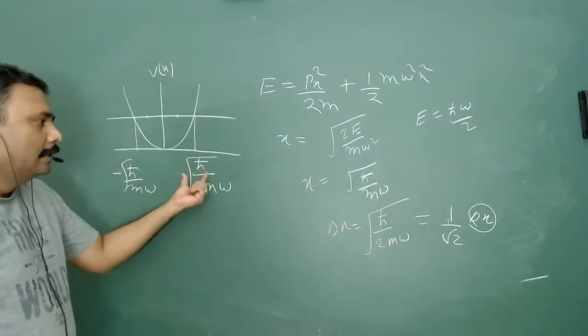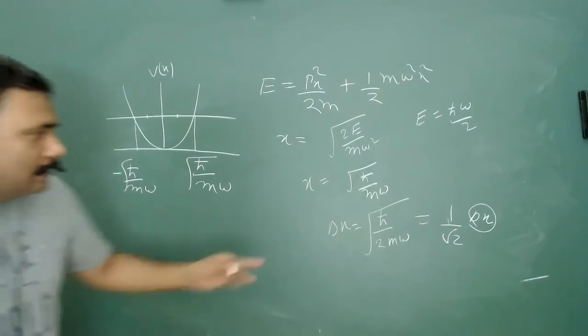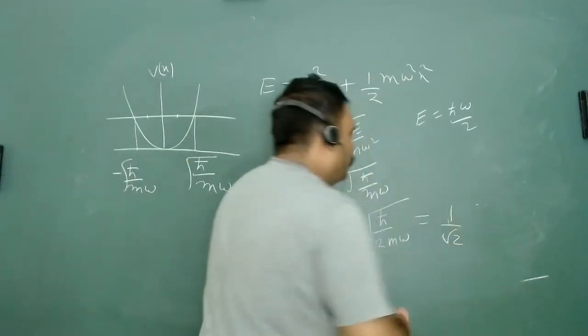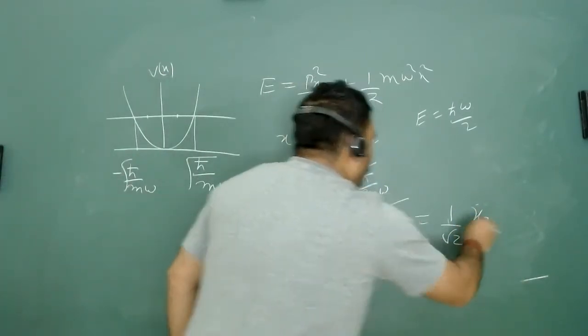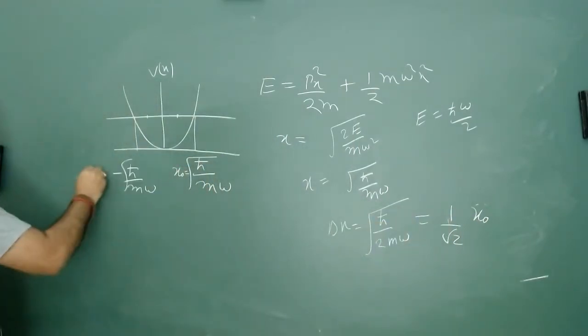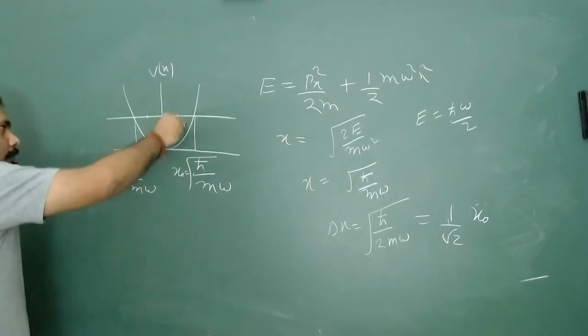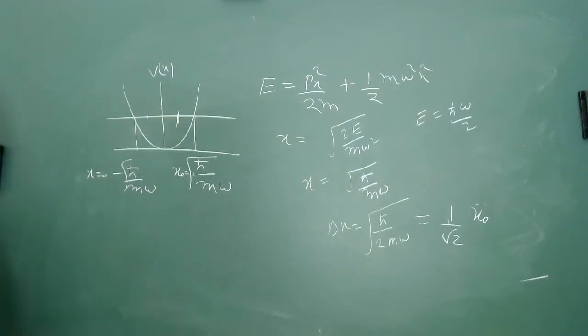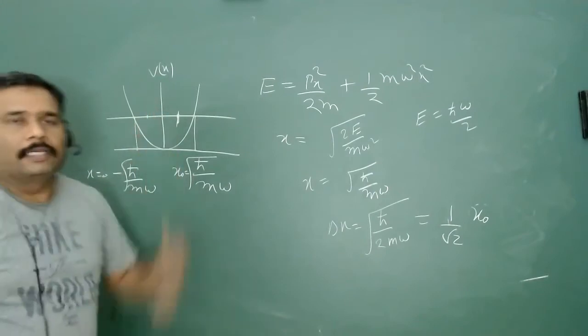So we can just write this as x naught by root 2, at x naught. So delta x will be some point here, and this is actually the classical region.